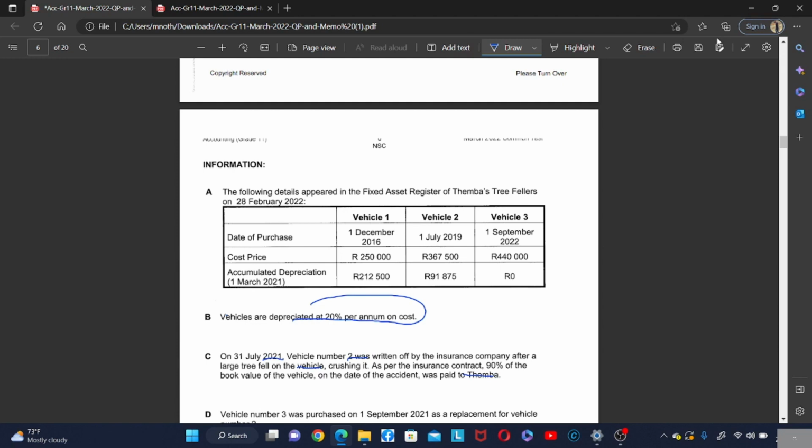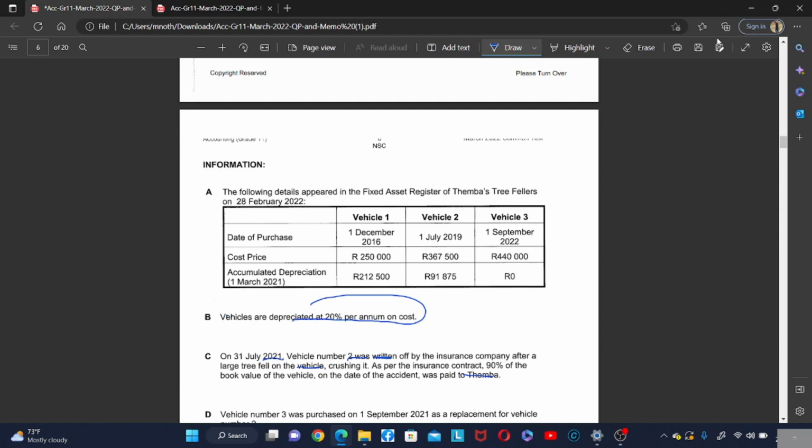Okay, so what happened here is that the vehicle was crushed, meaning that this vehicle is no longer in the business.